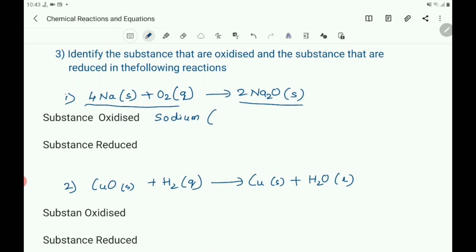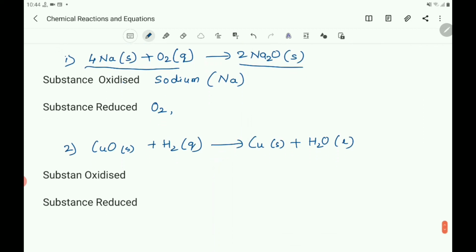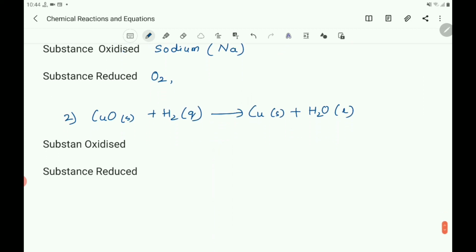And also, oxygen is lost, so as it loses oxygen, you can say that O2 is reduced.